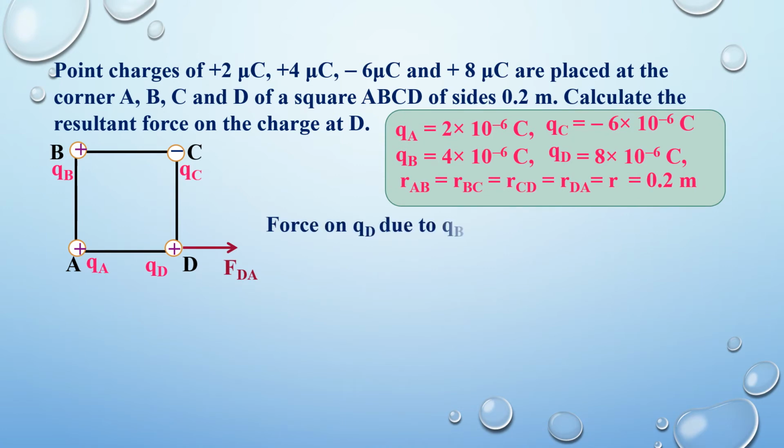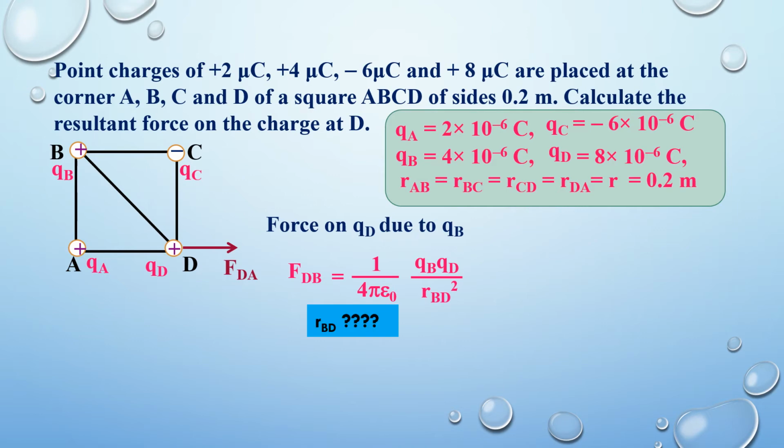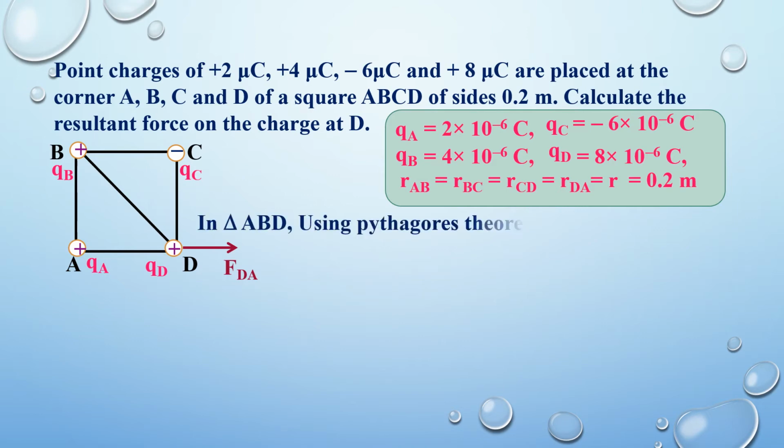Next, we'll find the force on D due to the charge at B. For that, I use the expression 1 upon 4 pi epsilon naught, charge at B into charge at D, upon the square of the distance between B and D, which is a diagonal. To find RBD, we use the Pythagoras theorem: the square of the hypotenuse equals the square of the base plus the square of the altitude, or height.